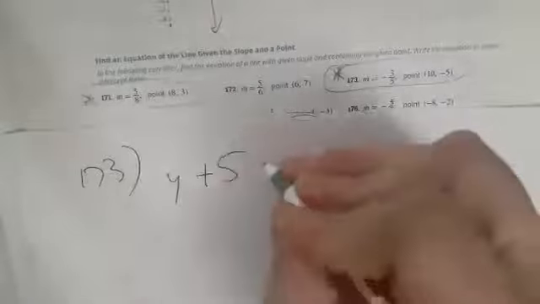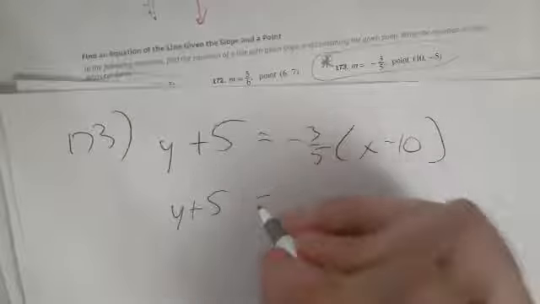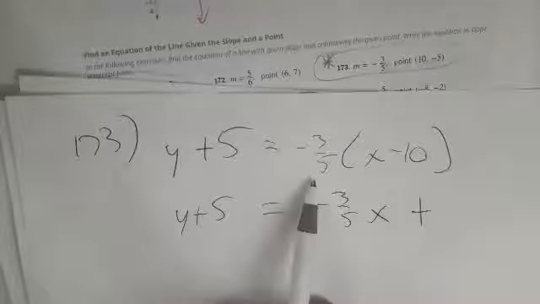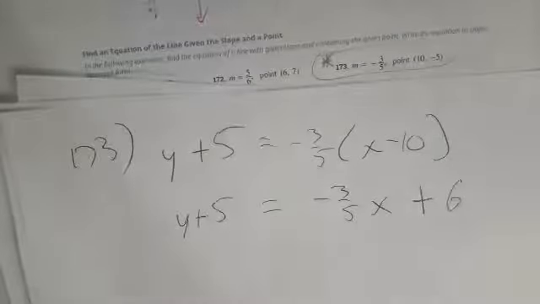173. Similar. Y plus 5, and then we have minus 3/5, x minus 2. We have to do some distribution here. So minus 3/5 x, and this should be plus. If we take 10, divide it by 5, that gives me 2. 2 times 3 should give me 6 here.